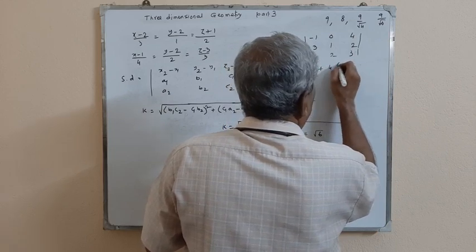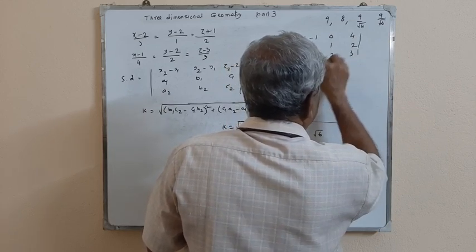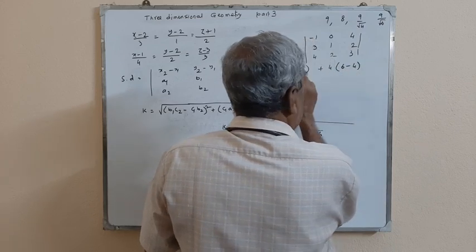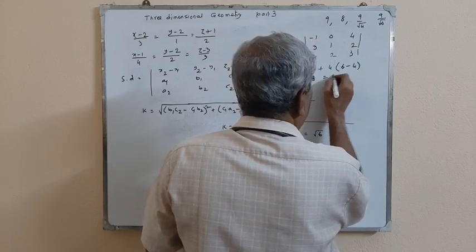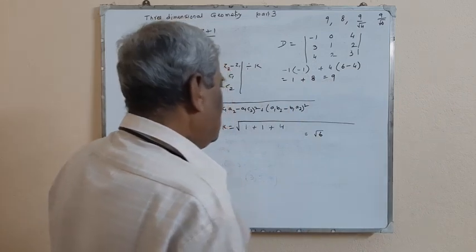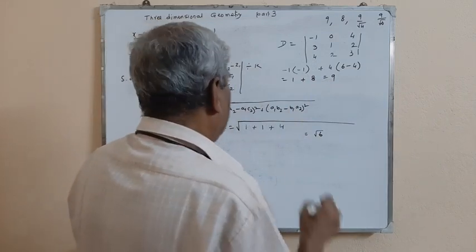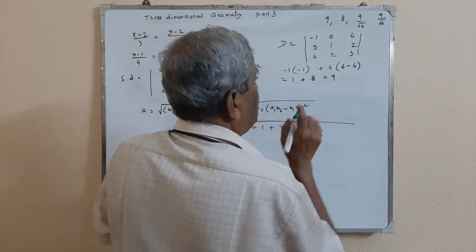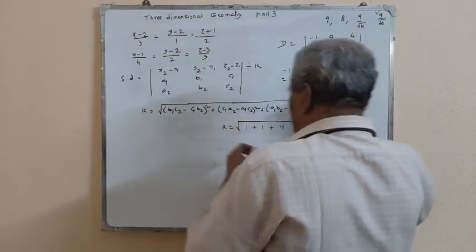Plus 4 into 6 minus 4. So that it is 1 plus 8, equal to 9. So answer is determinant divided by k, 9 by root 6. 9 by root 6, this one is answer.